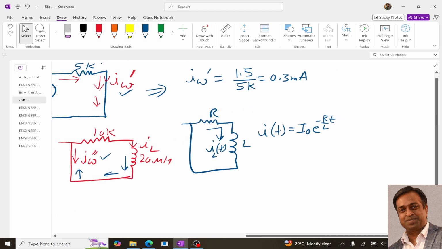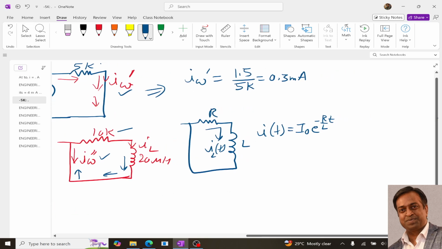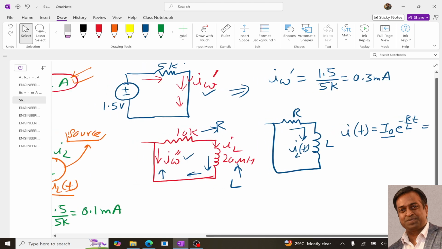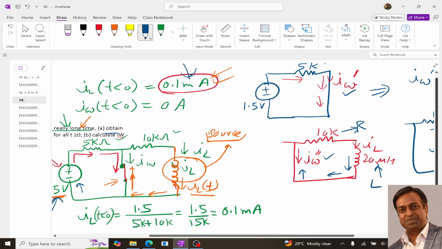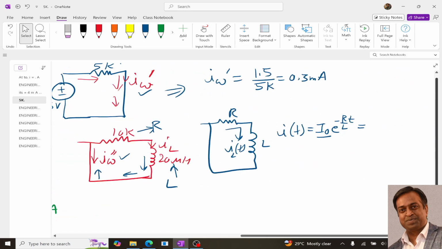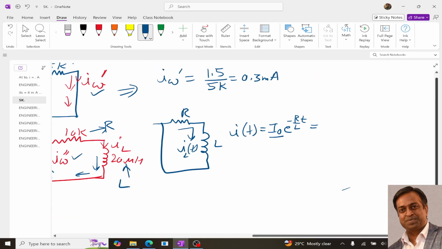So in our circuit, R is this and L is this. And what is our I naught? I naught we have already determined. It is the current at t equals 0, the initial current, which is this. So our I naught is 0.1 milliampere, so 10 power minus 3 to convert it into amperes.